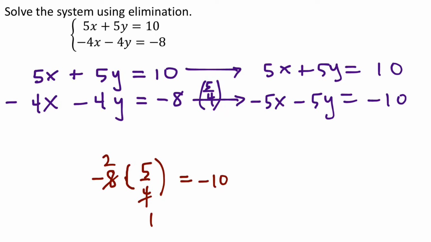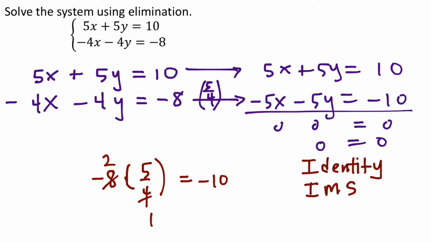Now if I add these two equations together, I'm going to get 0 on the right and a 0 on the left. So we've got 0 is equal to 0. Well, that's an identity, so that means we have infinitely many solutions.